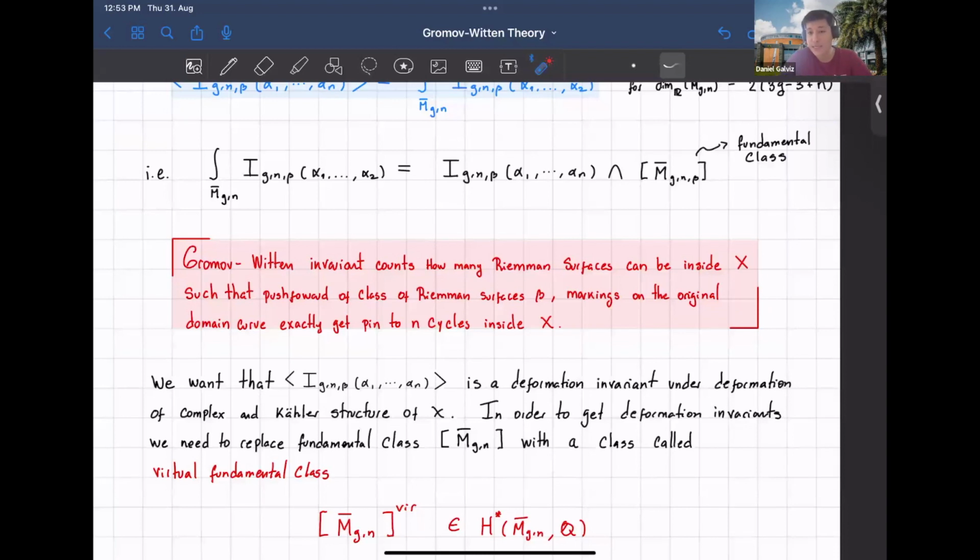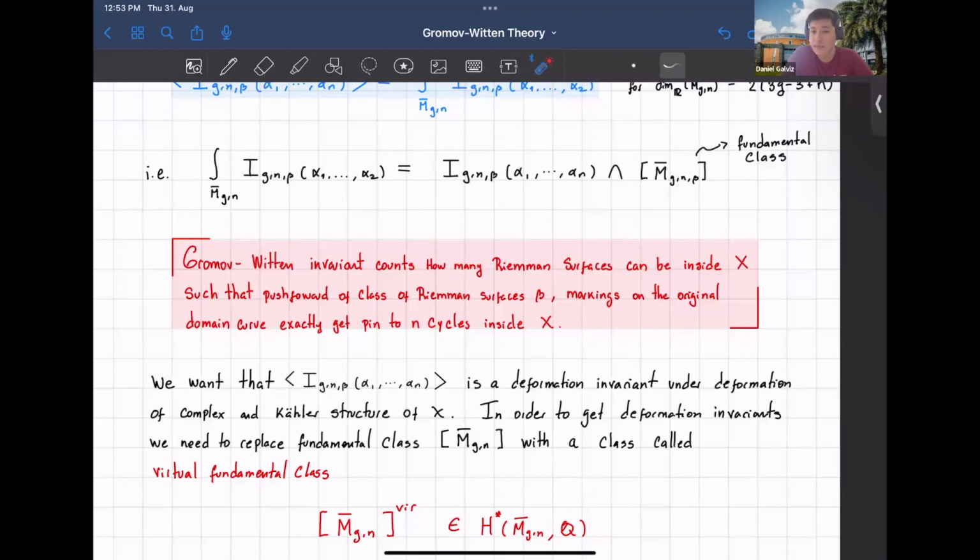Basically X is not fixed, it can be deformed, and we want to study the deformation of the complex and Kähler structure of our ambient space X. In order to get deformation invariance, we need to replace the fundamental class of our moduli space with a class called the virtual fundamental class.